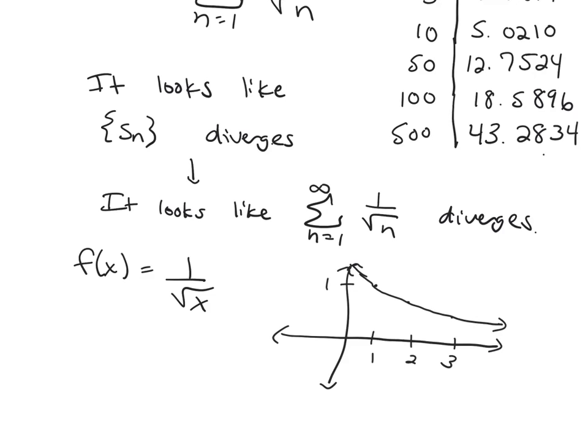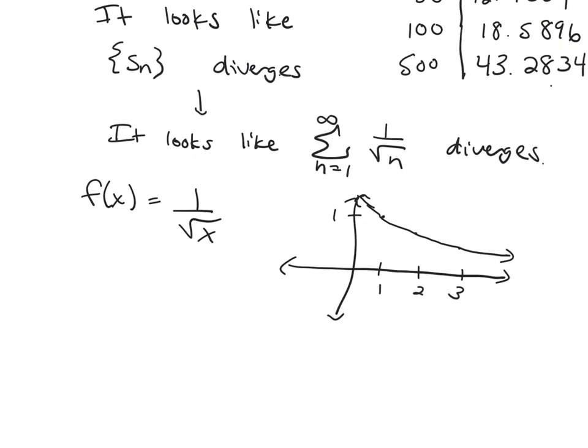And now we used a Riemann sum just like we did last time. But now I'm going to compute a left-hand Riemann sum. So I'm going to use the points on the left-hand side. And I'm interested in this area.